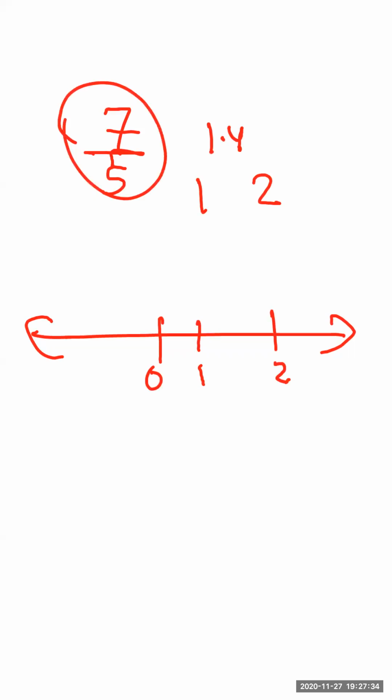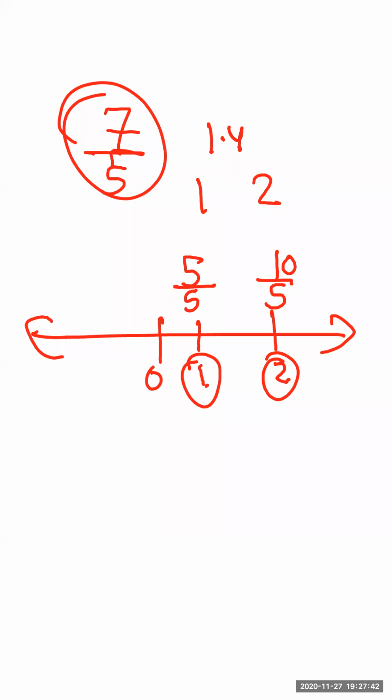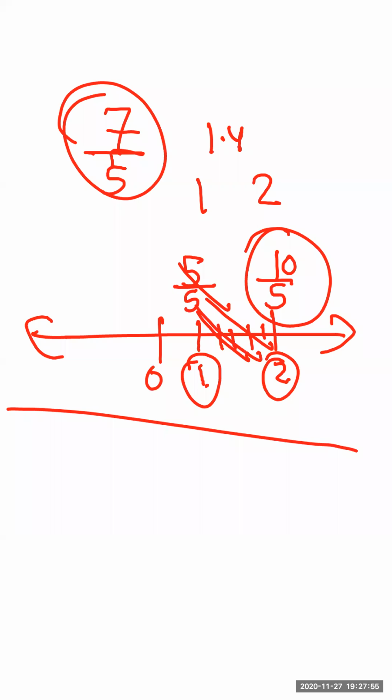Now I want to change 1 and 2 into fractions. 1 means 5 over 5, and 2 is 10 over 5, right? Then divide the distance into 5 equal parts: 6 over 5, 7 over 5, 8 over 5, 9 over 5, then 10 over 5. Very simple, same concept. Okay?